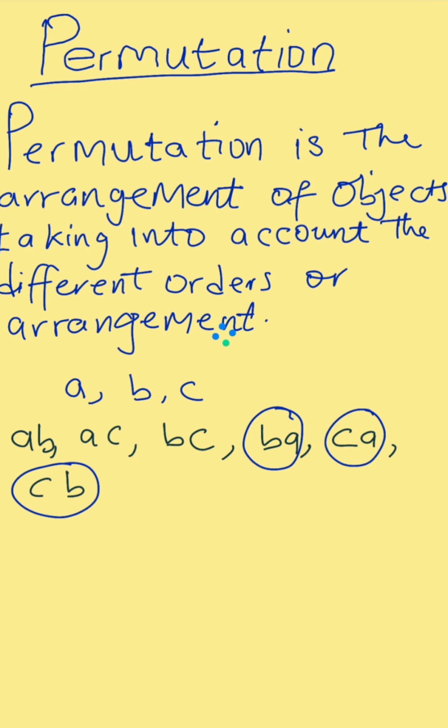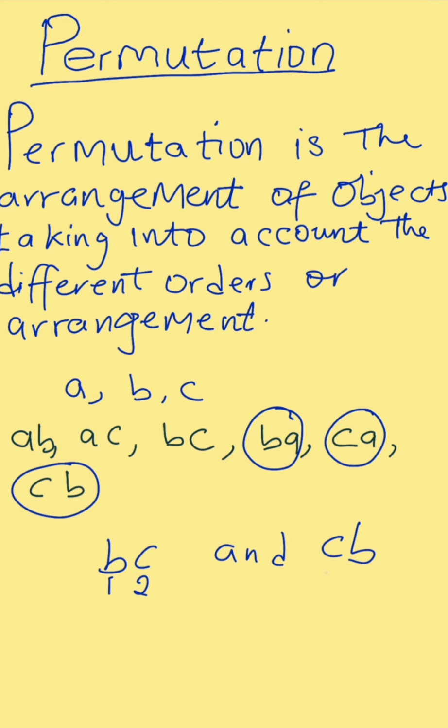Let's talk about BC and CB now. BC means that B is picked first, while C is picked second.